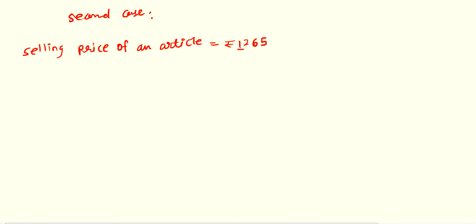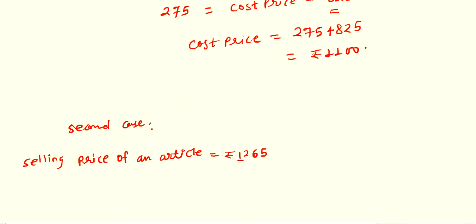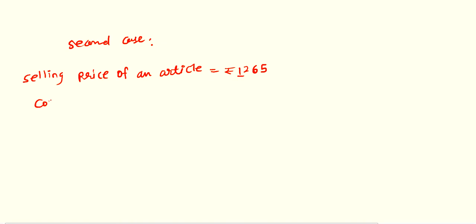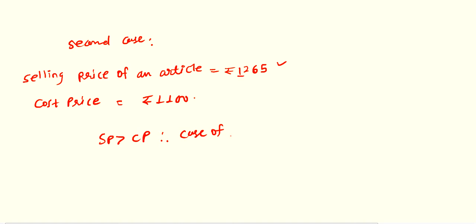So just now we have calculated the cost price, we got 1100. So cost price equals 1100. As you can see, SP is greater than CP. So this is the case of profit. So we have to find profit percent, gain percent.